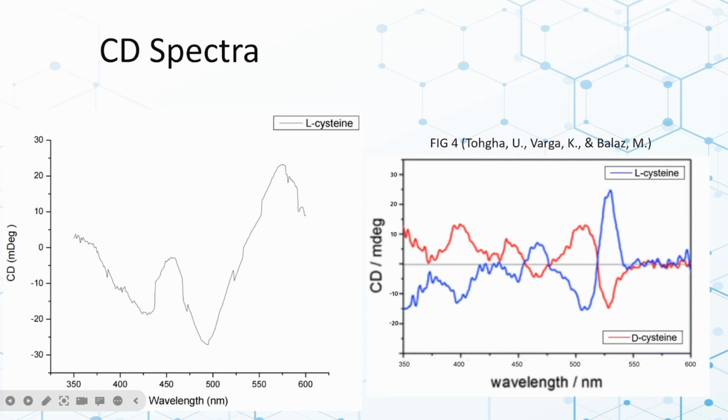However, between 445 and 462, which is blue, the absorbances are more similar. Between 535 and 600, which is green to orange, the absorbance of L-cysteine is greater for LHC, and this difference is max at 565 nanometers.